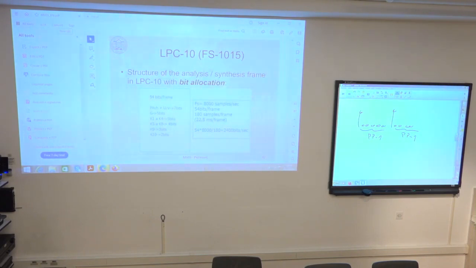Because only unquantized version of the original parameters was used for these demonstration purposes, but in LPC10 the parameters are quantized. So A1 to A10 are quantized indirectly through some alternative form of representation, which are called K coefficients. They have one-to-one mapping to A coefficients, so it is nothing very fancy.